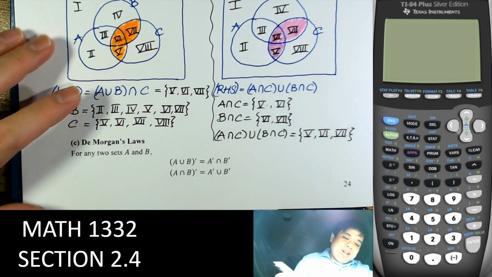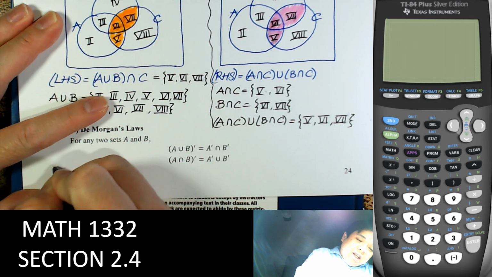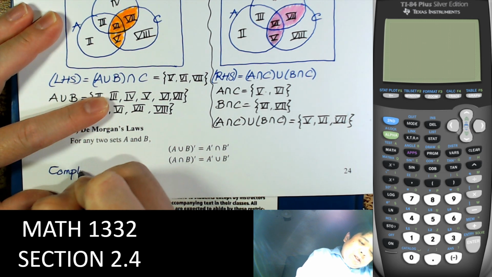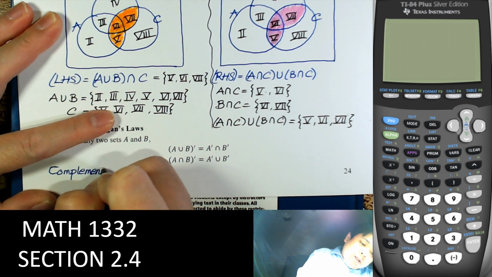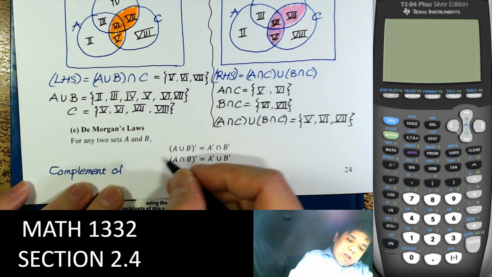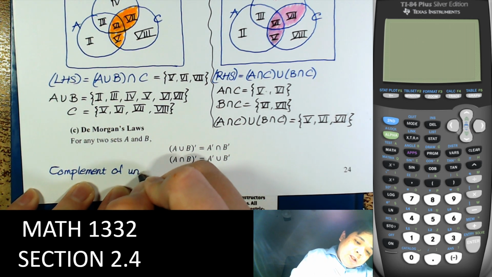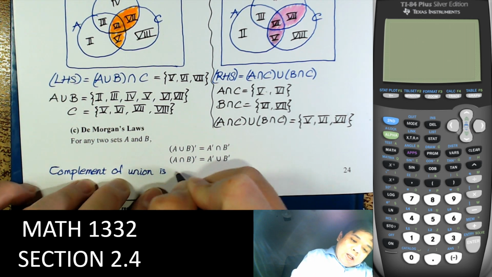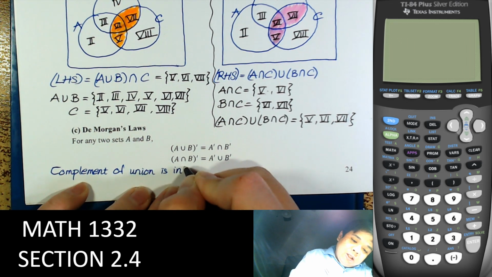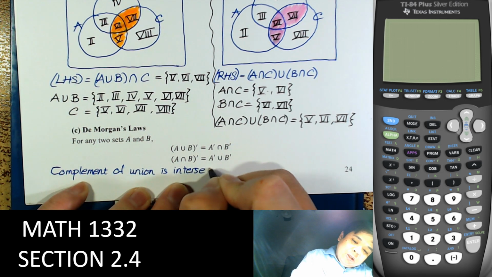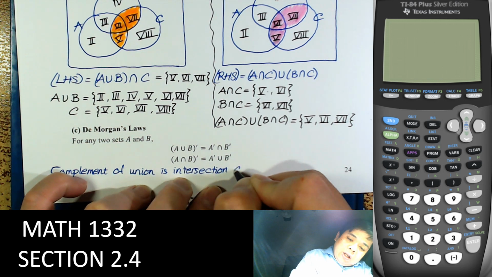Let me write this. Complement of union is intersection of complements.